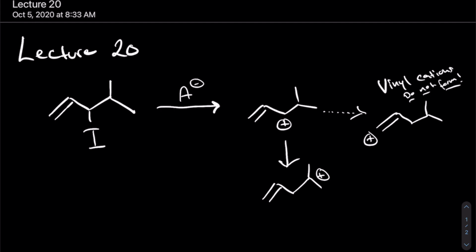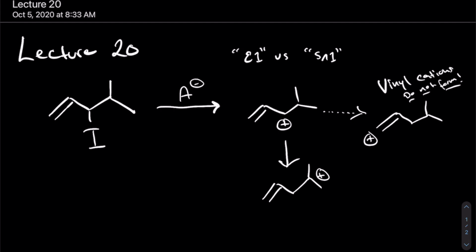What I've started drawing here is a potential pathway of either elimination or substitution in a unimolecular sense. I've got what I've basically just called A minus, so that's an anion that we don't know anything about. It can either be a pretty great nucleophile or a pretty great base.